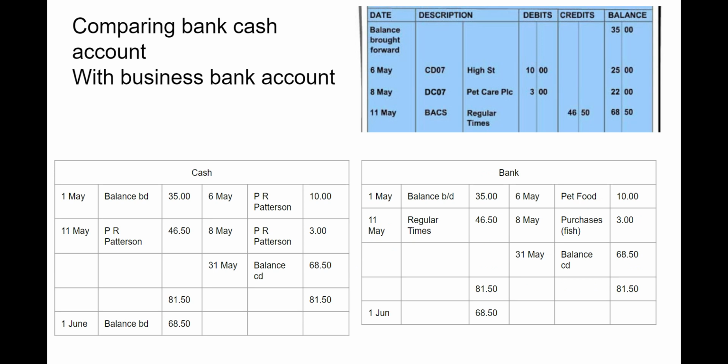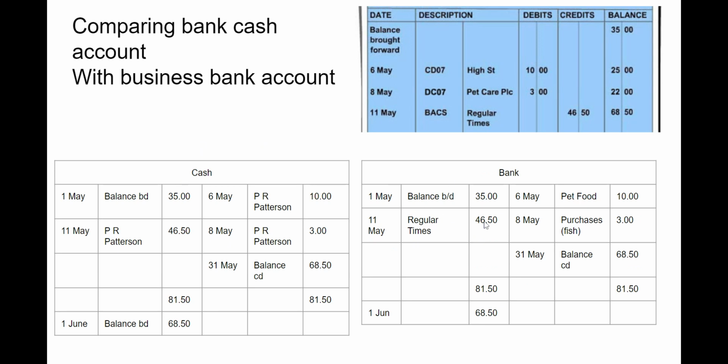If we look at the cash account for the bank and the bank account for Patterson, this was the other reason why I assume that there was only one customer that ever put cash in or took cash out.